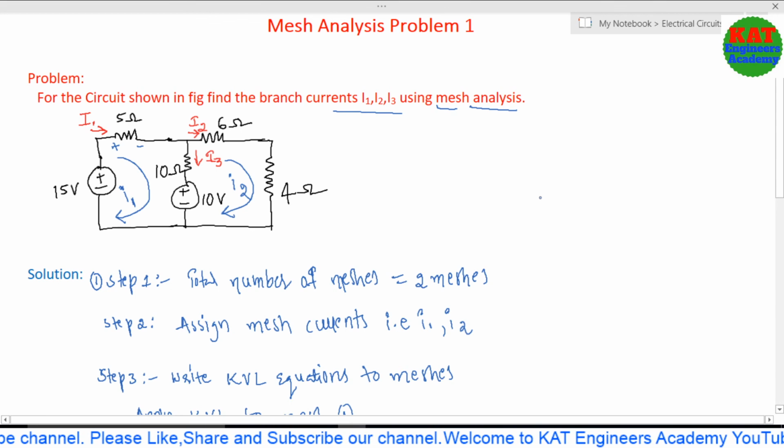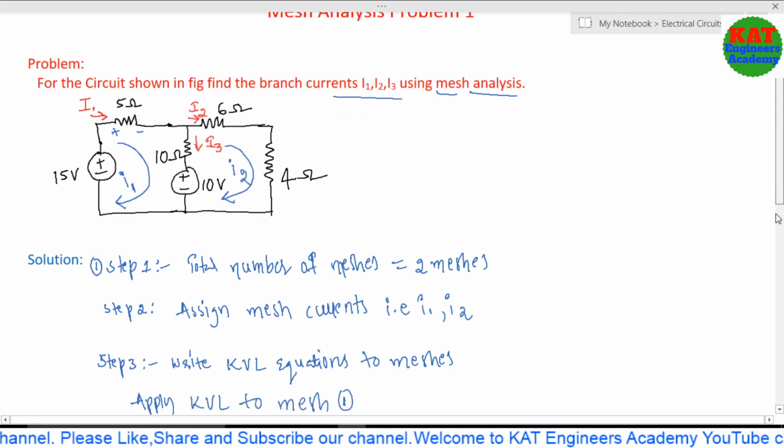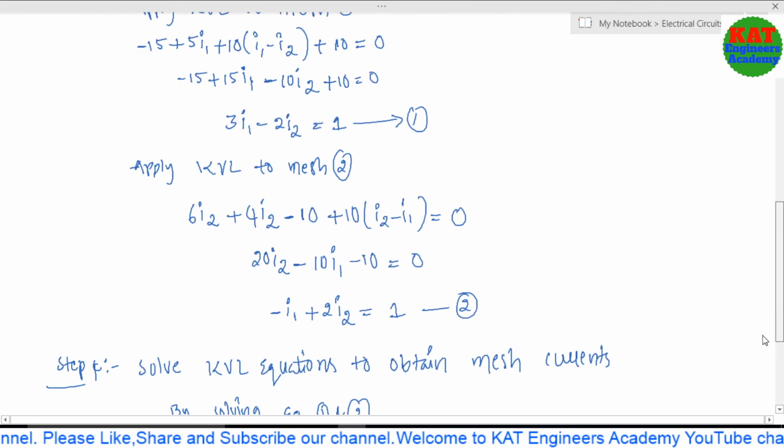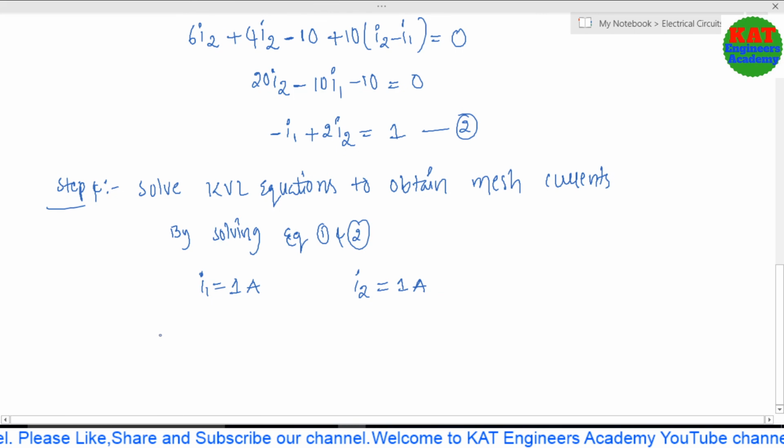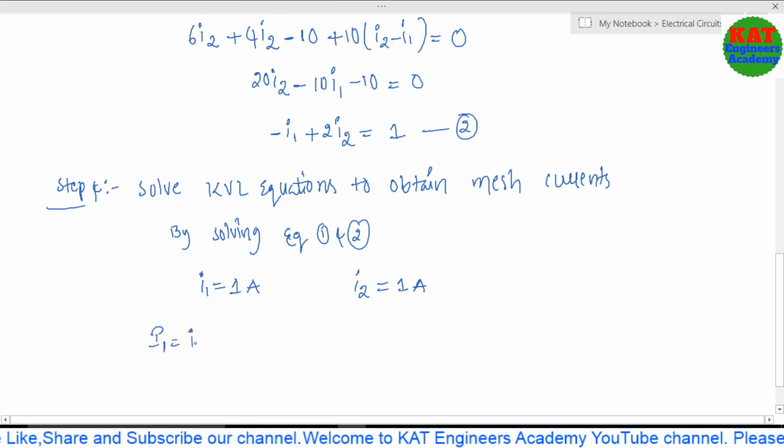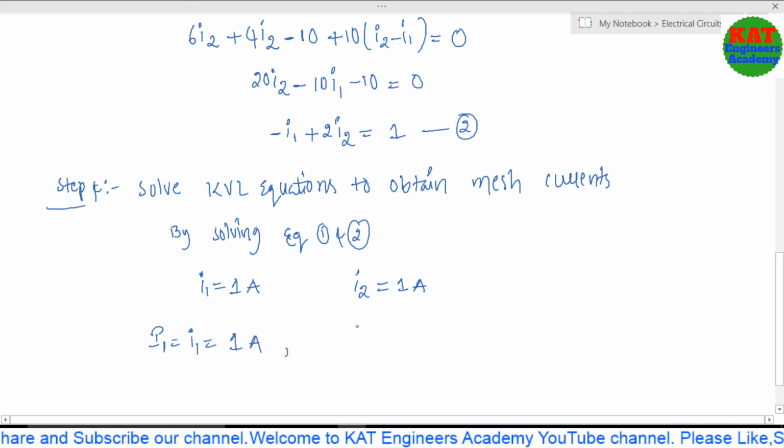Okay friends, now after obtaining small I1 and I2 we have to obtain capital I1. They are asking I1, so I1 is nothing but small I1 only, which is equal to 1 ampere. Next, I2 is the current flowing through the 6 ohms resistor, which is small I2 only, so this is 1 amp.